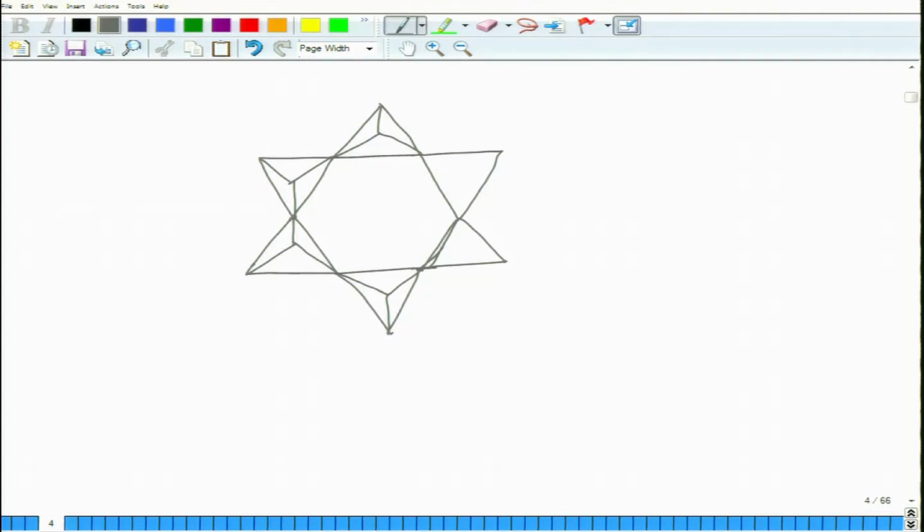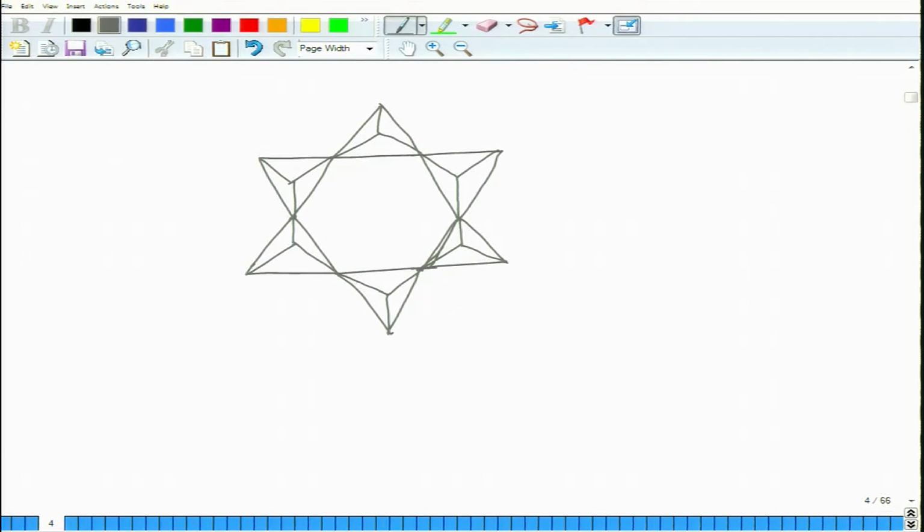How is electrical neutrality achieved? You have one shared here, another shared here, another shared here, and another one shared on top. It is a 3-dimensional network. What I am showing here is in 2D.